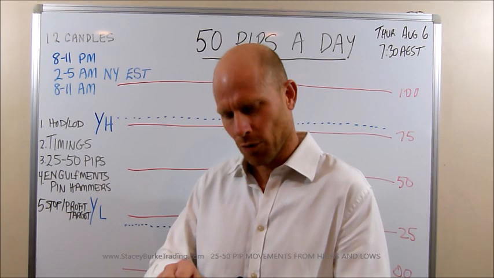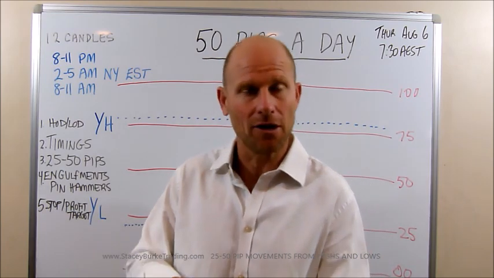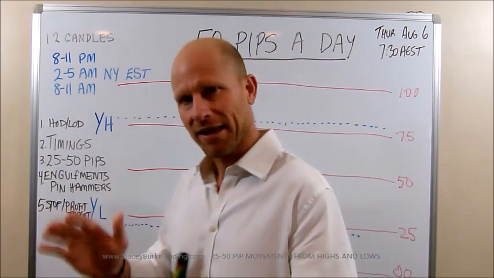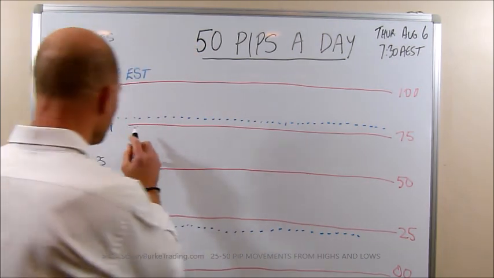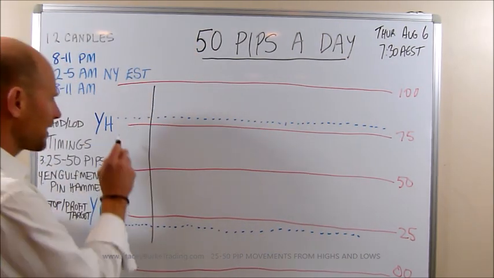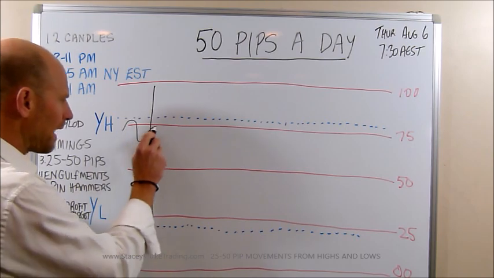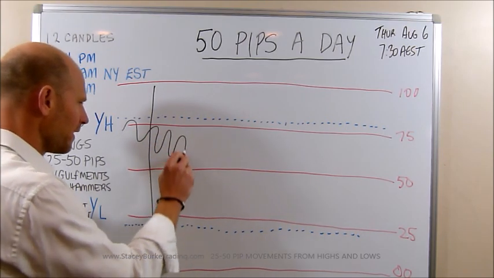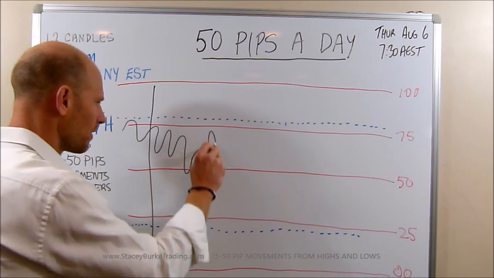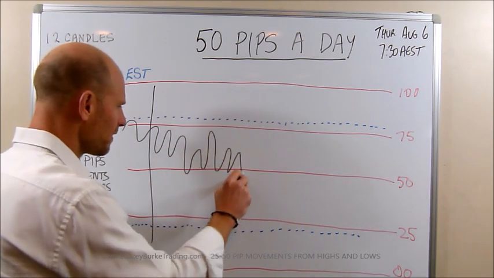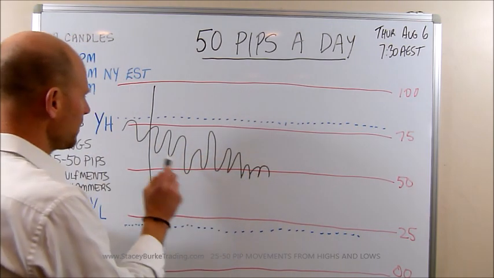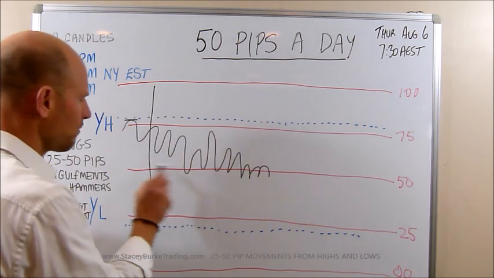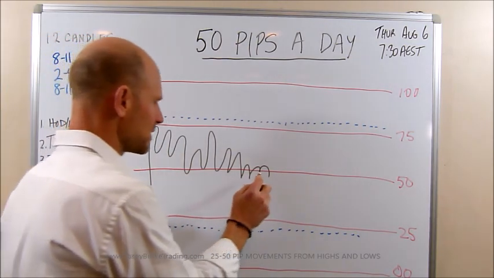Now, people misinterpret that you're trying to sell the high and buy the low. Not at all. Think in simple terms. Often in a lot of cases, as we head into the next day, the market may pull back and be trading in a range where it starts to work one side, and as we get into the next window, the market may have only pulled back 25 to 40 pips.